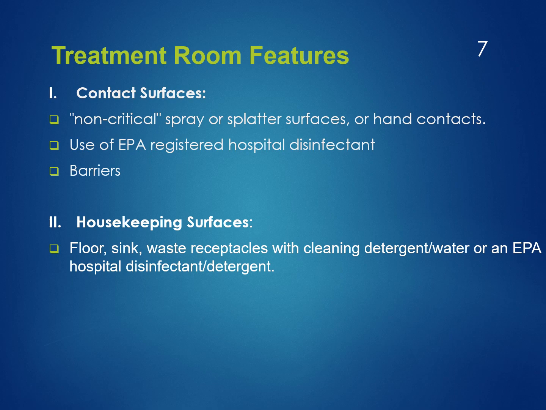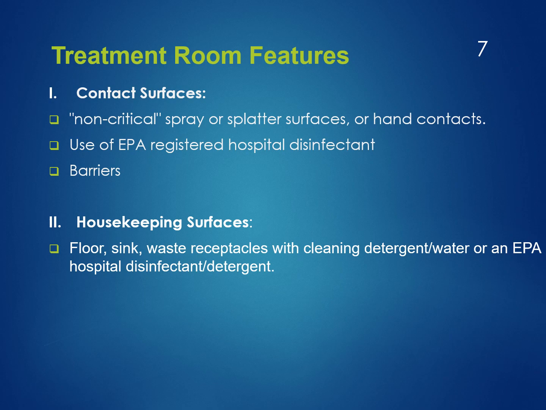Next are the treatment room features that we want to consider when we have different materials and different contact surfaces when we're disinfecting our areas. These contact surfaces are also considered non-critical items. These can be contaminated by spray or splatter or by hand contact by the dental personnel.